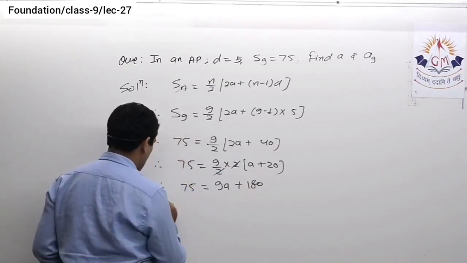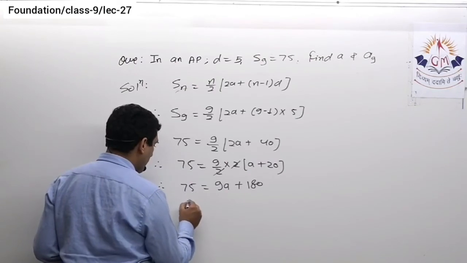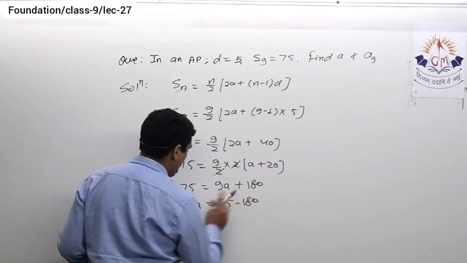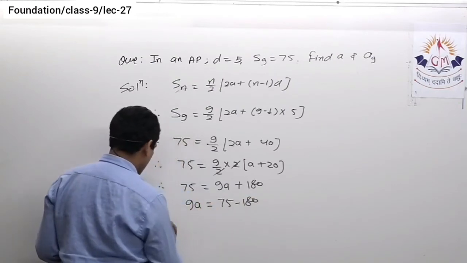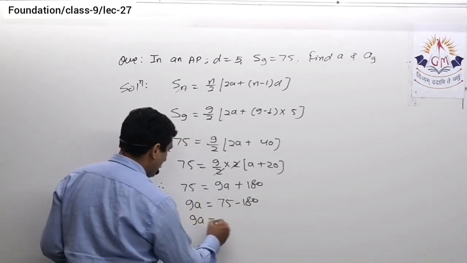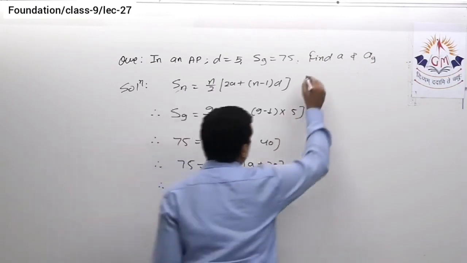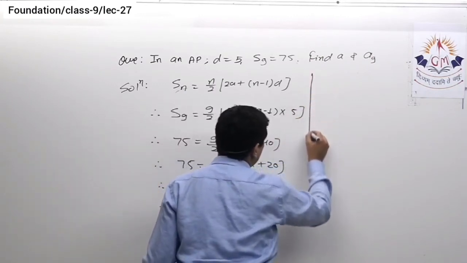Okay, so 9a is equal to 75 minus 180. Therefore 9a is equal to minus 105, and ultimately here I will get the value of a.